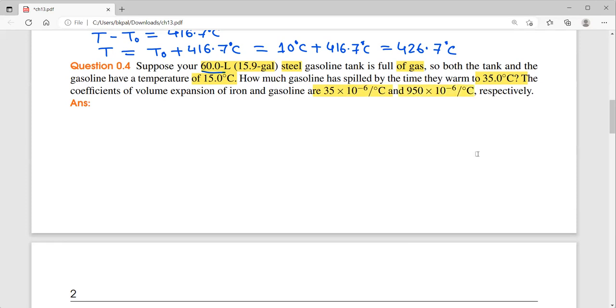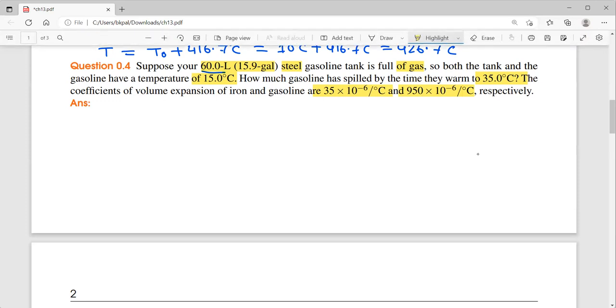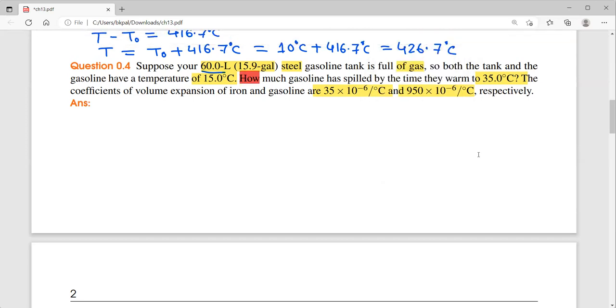So that's the given information. And what we have to calculate is how much gasoline has spilled by the time the temperature is changed from 15 degrees Celsius to 35 degrees Celsius.